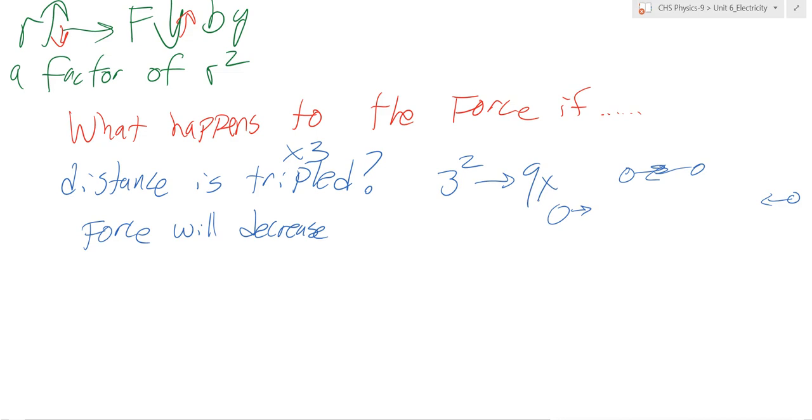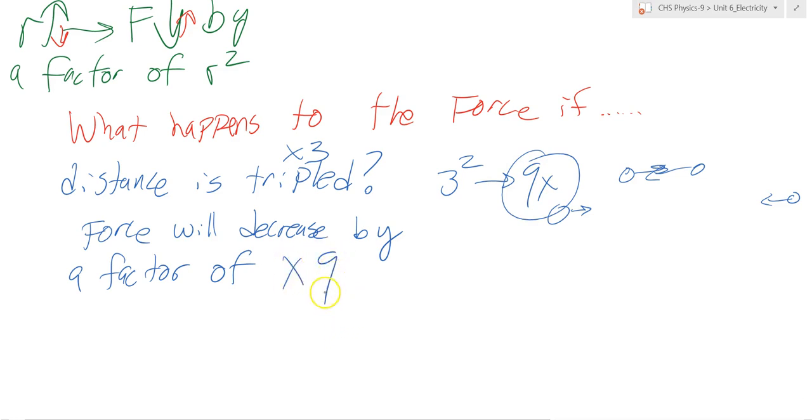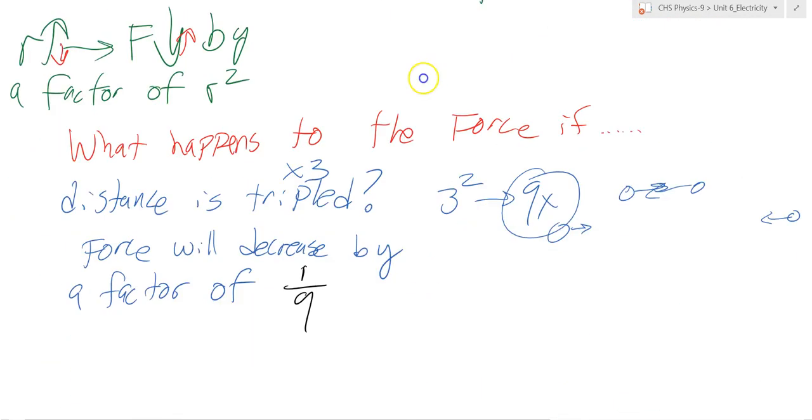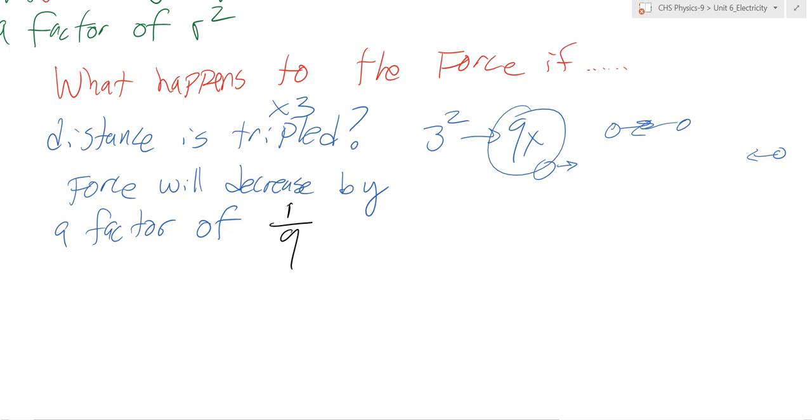So it's going to decrease by a factor of, if I multiply by 9, if I said times 9, that would mean increase. So we can't do times 9. Instead, we're going to say the factor of 1/9. Okay? And it makes sense because R squared is on the bottom. So that would be the answer to this one.